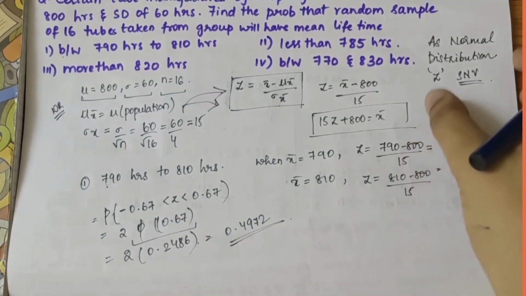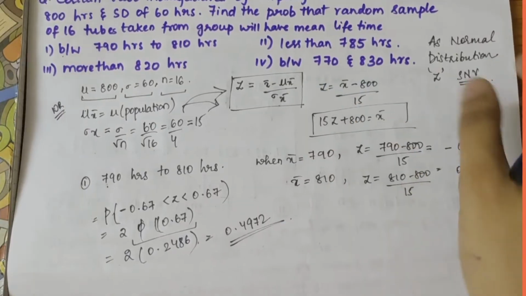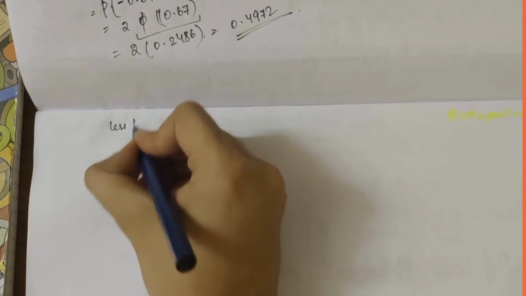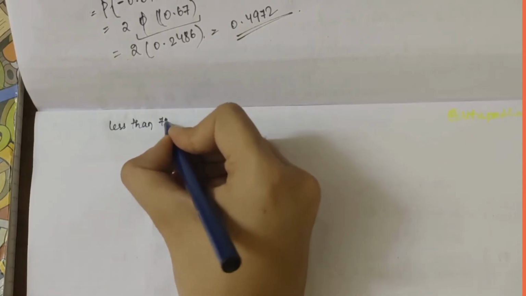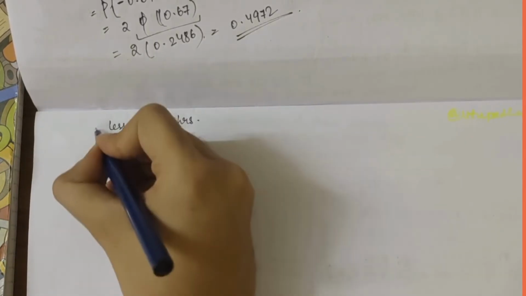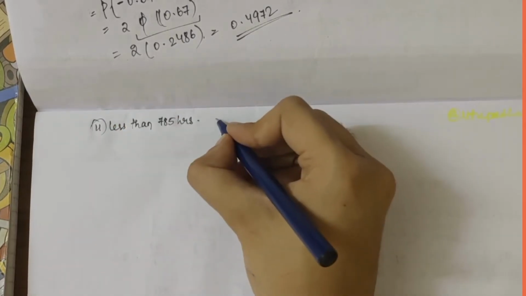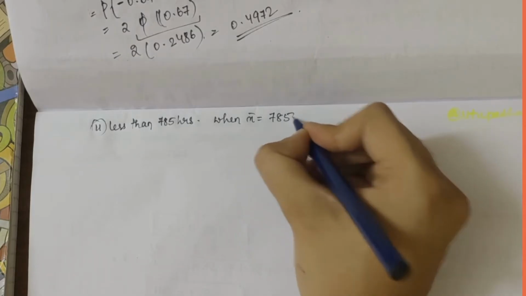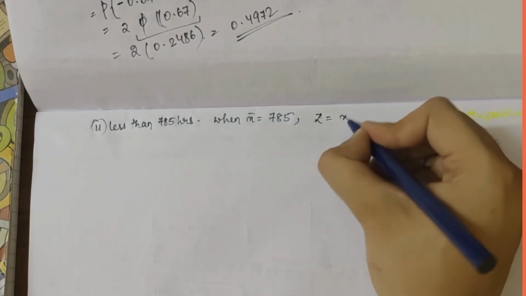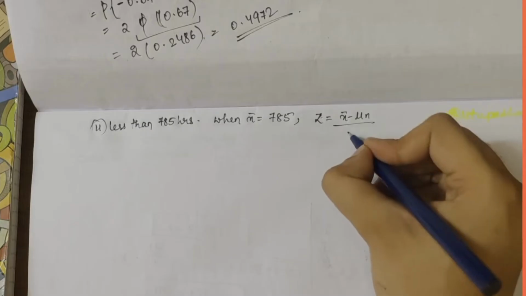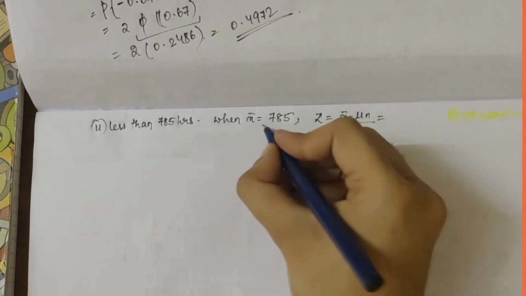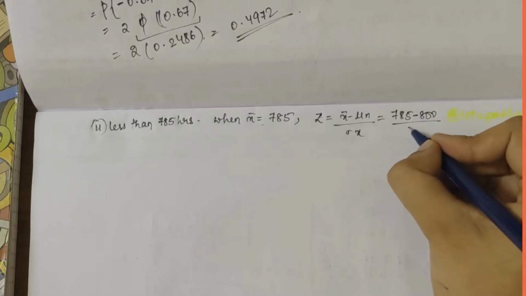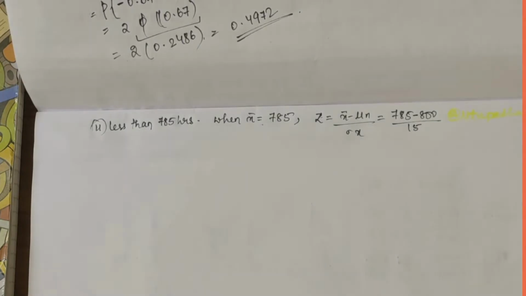The next part of the question says less than 785 hours. So when x bar is 785, z is equal to x bar minus mu of x bar by sigma of x bar. X bar value is 785 minus 800 by sigma of x bar, which is 15.